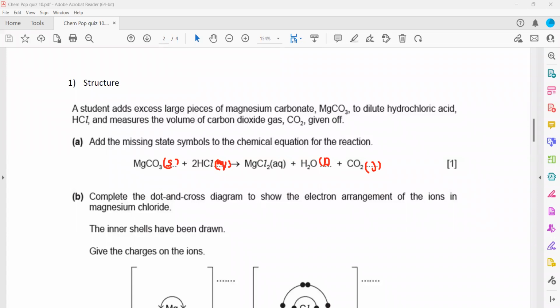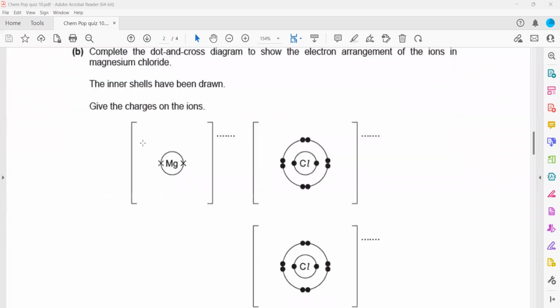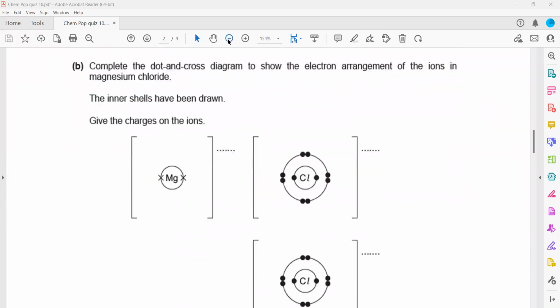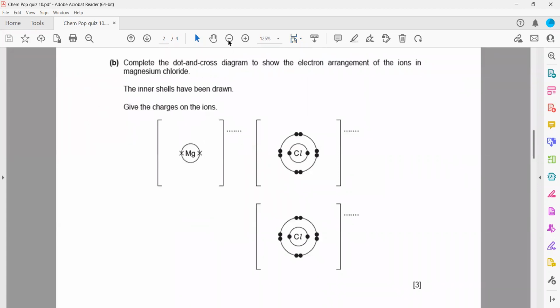The second part: complete a dot and cross diagram for magnesium chloride. So when we write the electronic configuration, the formula of magnesium chloride is MgCl2, one magnesium and two chloride. Magnesium belongs to group 2 and has a total of 12 electrons.